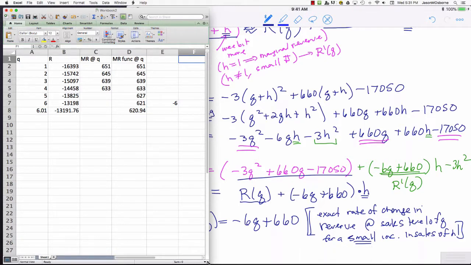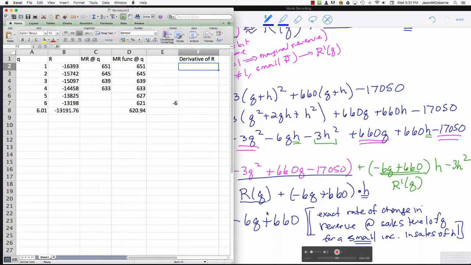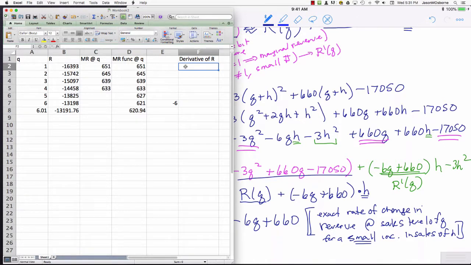If you look at the derivative of the revenue function, which we now have an answer for, it is minus 6q plus 660. So look at the derivative, which is minus 6 times the quantity being sold plus 660, and drag this down.